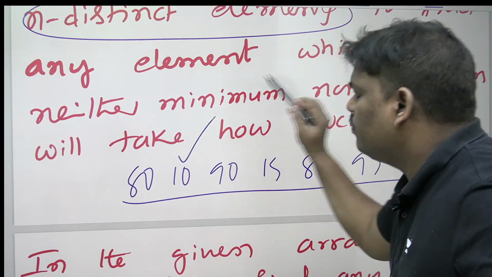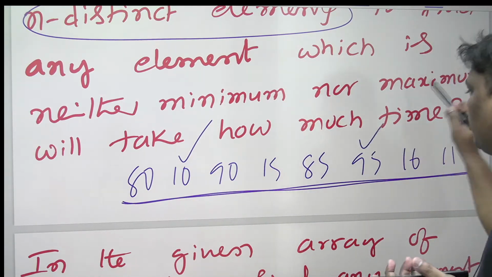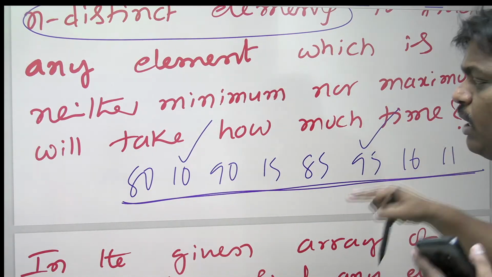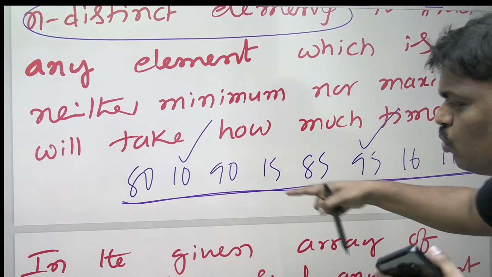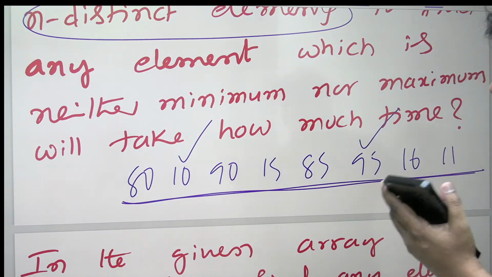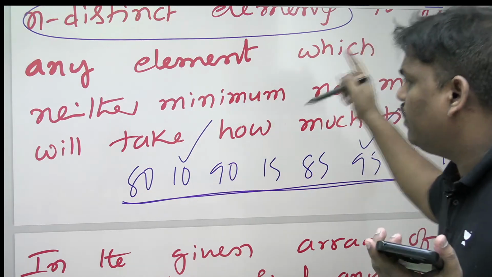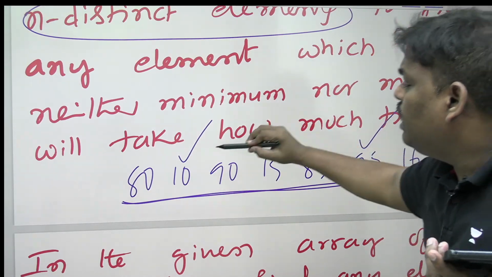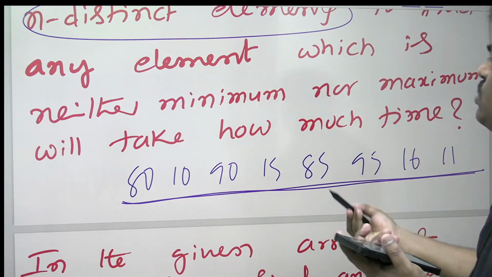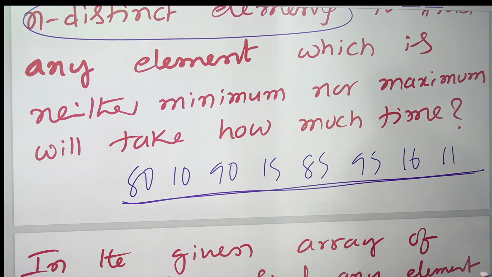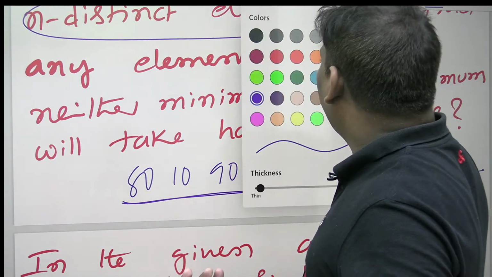To find minimum you have to scan the total array, and to find maximum you have to scan the total array. That's okay. But this question is neither minimum nor maximum.